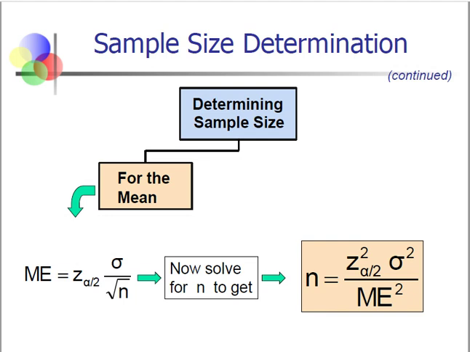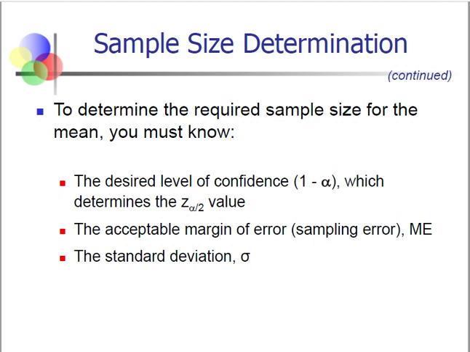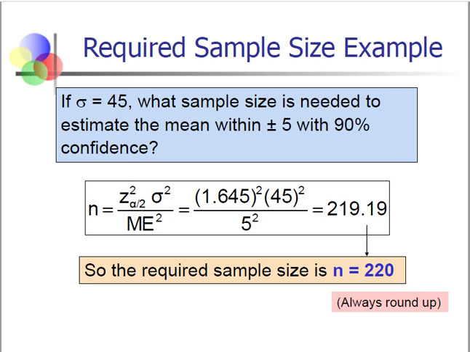We can make n the subject of the formula and we come up with: Z at alpha over 2 squared, sigma squared, divided by margin of error squared, which gives us the sample size that we need for that particular margin of error and level of confidence. So we need to know those to determine sample size.